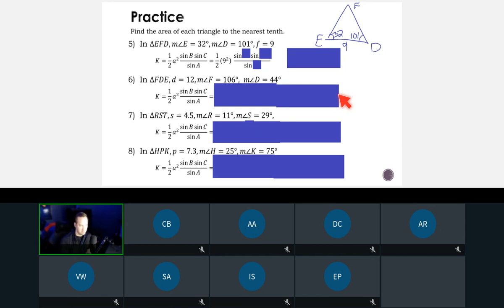Or how Caitlin put it, that's also perfect. So 180 minus 101 minus 32, what does that equal again? What did we all agree? 40 something? 47? Yeah, 47.